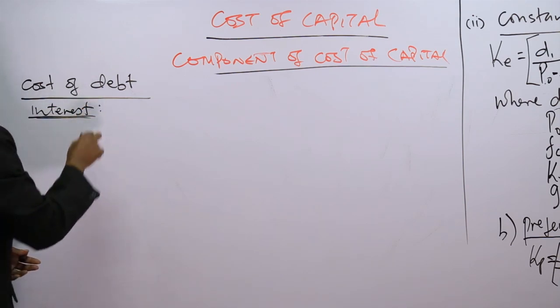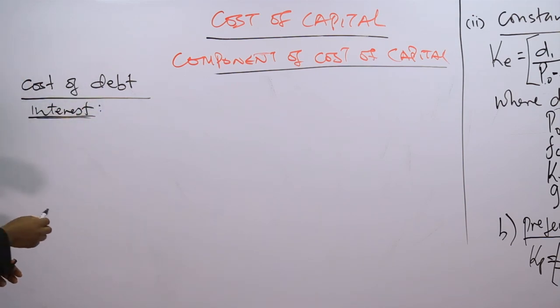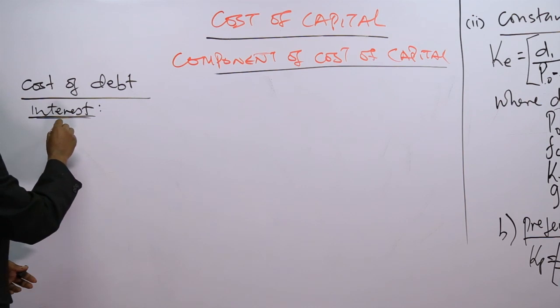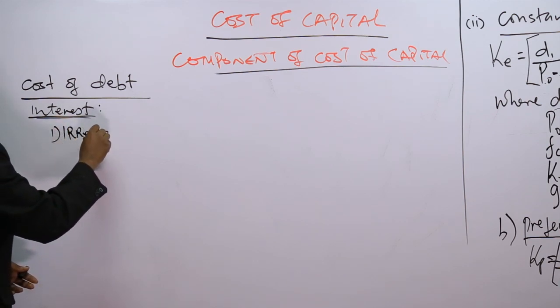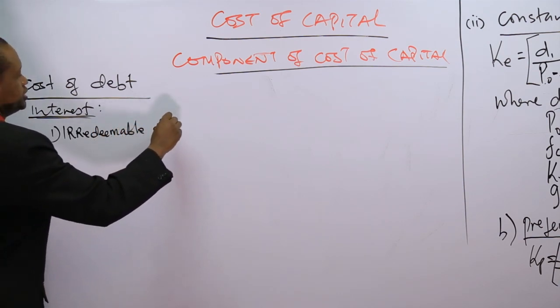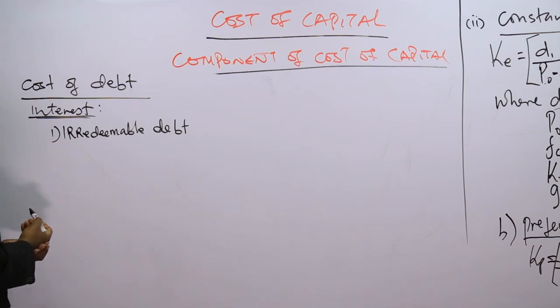So when analyzing debt, there are two categories of debt or debentures. Number one is the irredeemable debt or debentures.